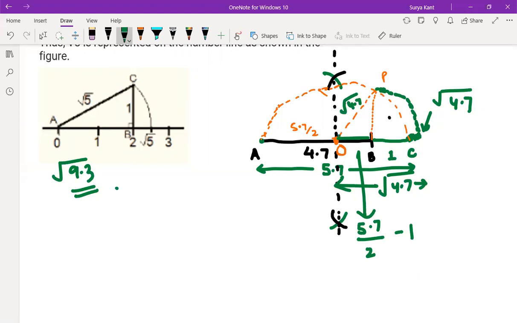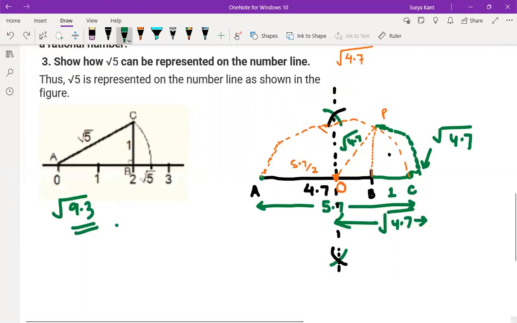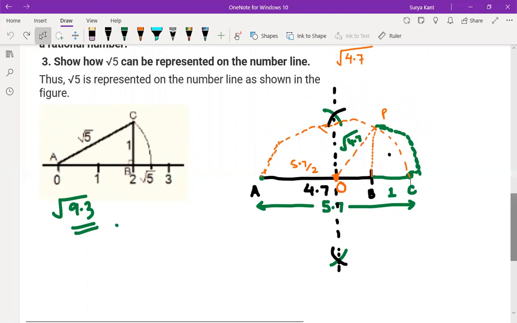And this radius you already know. Radius is what? 4.7, right? Wait, children, wait. We are making a mistake here. In one place we made a mistake. This 4.7 is not here.